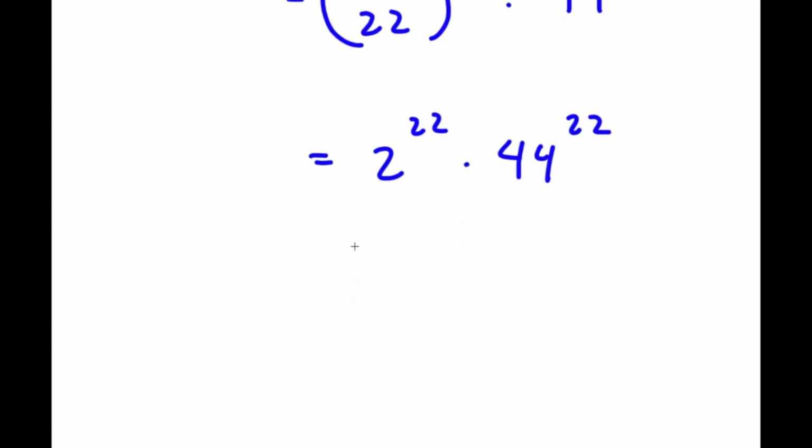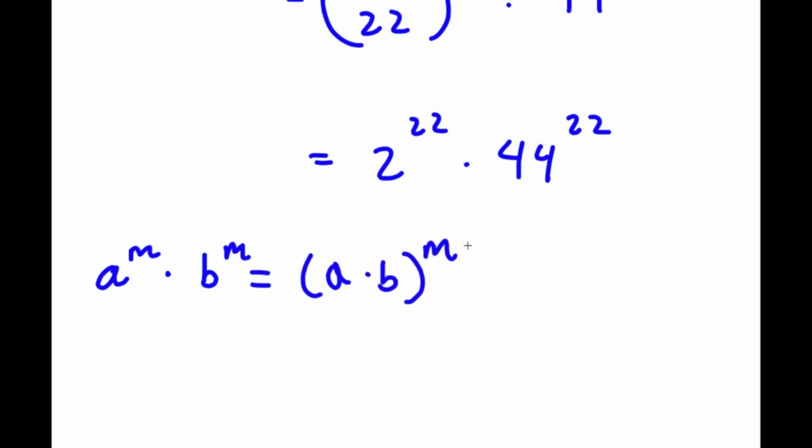Now, if I have something in the form a to the power of m times b to the power of m, this is simply equal to a times b to the power of m. So in this case, we have 2 to the power of 22 times 44 to the power of 22.